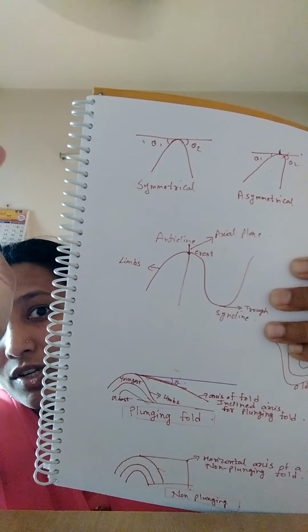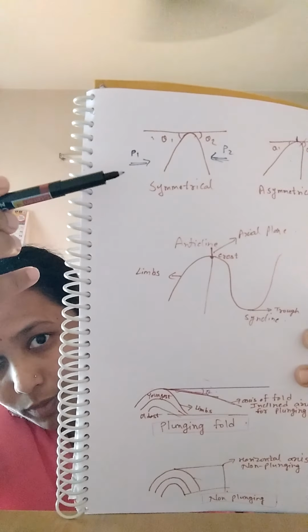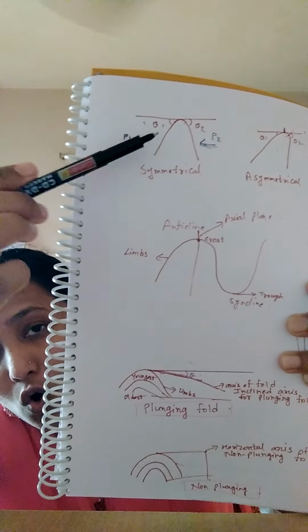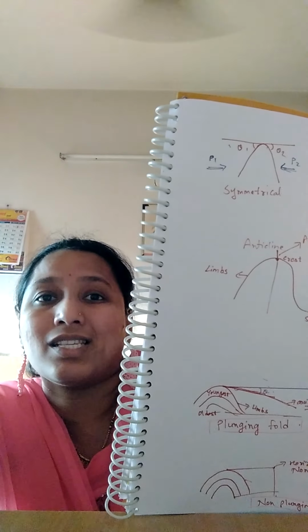That is a symmetrical fold. What does a symmetrical fold signify? It signifies that the pressure acting, that is the compressional forces P1 and P2 on either side of the rocks, are necessarily the same.